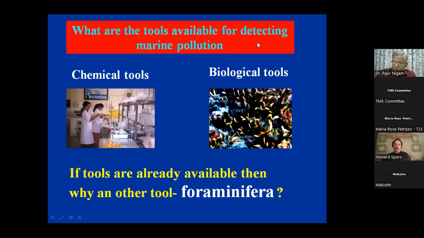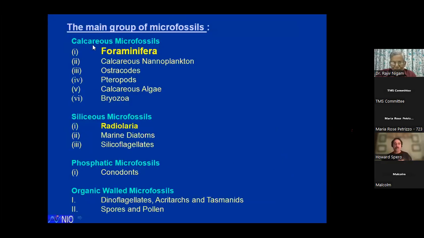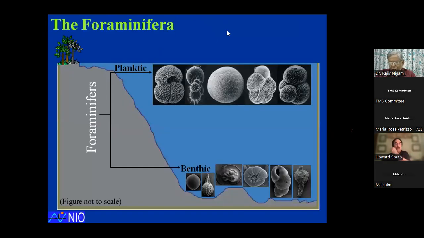So in this scenario, when chemical tools and biological tools have limitations, we can supplement these studies with another tool called foraminifera. So why foraminifera? There are many groups, and I will explain the things with the help of foraminifera.